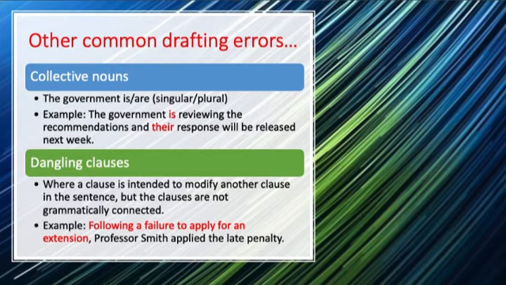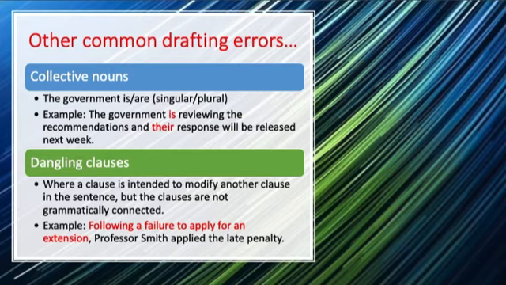So an example is on the slide there. You can see it says the government is reviewing the recommendations and their response will be released next week. So "their" is highlighted in red to show that there is a lack of agreement here when they're both referring to the same thing, which is the government.